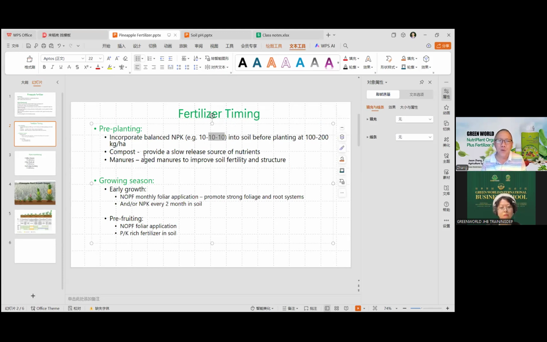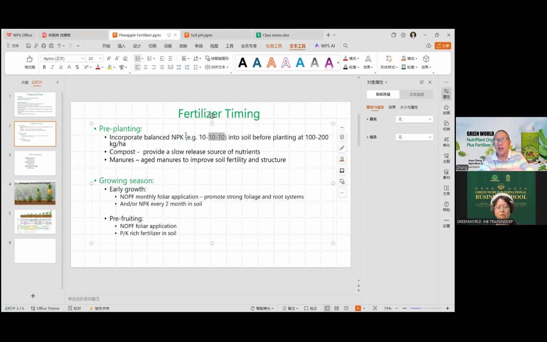And also, we can use compost and manure. These are very important for soil structure. Conventional NPK fertilizer also has a big impact on the soil structure, because if we use too much NPK, your soil becomes more acidic, more solid, and more non-organic.